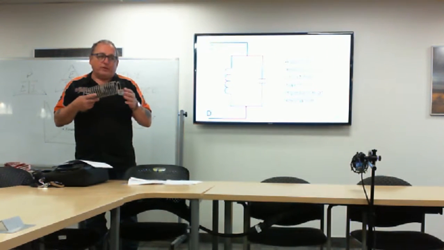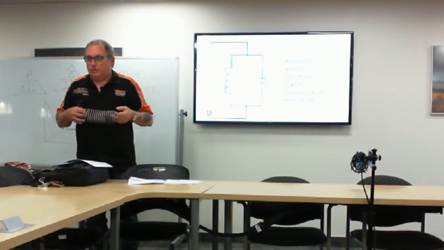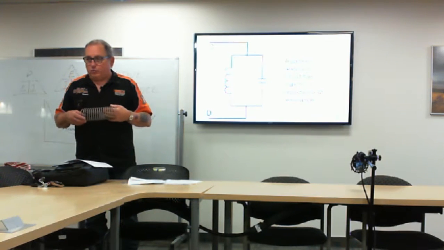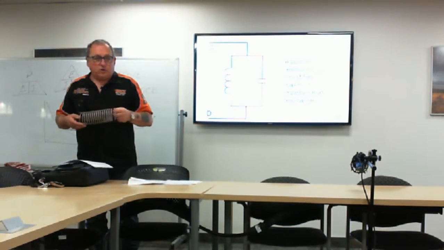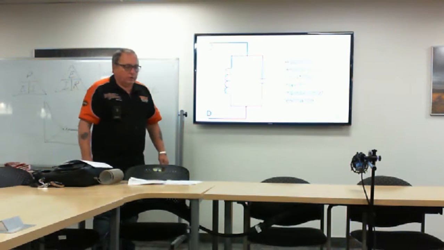The type of inductors that I work with are called motors. Motors have big inductors in them, big coils of wire. We have this thing about leading and lagging, and this is very important. In an AC motor, the current lags the voltage.